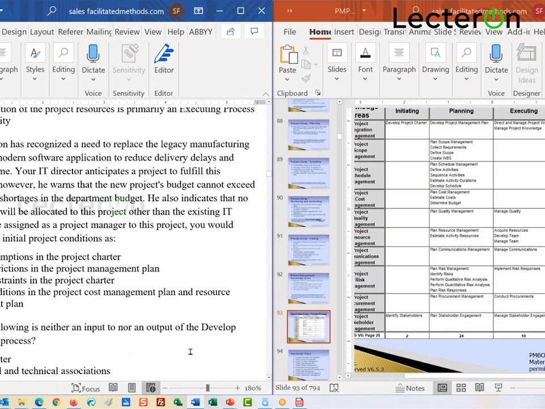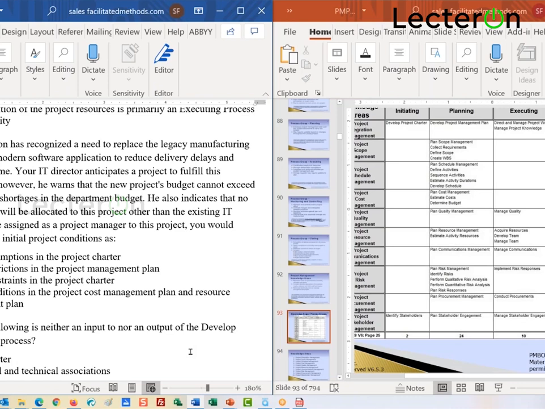You need to replace the legacy manufacturing system with a modern software application to reduce delivery delays and process downtime. Okay, that's fine, but I'm not sure it really matters. Your IT director anticipates a project to fulfill this business need. However, he warns you that the new project budget cannot exceed $75,000 due to shortages in the department budget. He also indicates that no additional staff will be allocated to this project other than the existing IT staff.